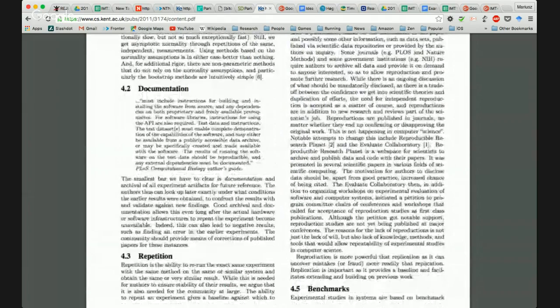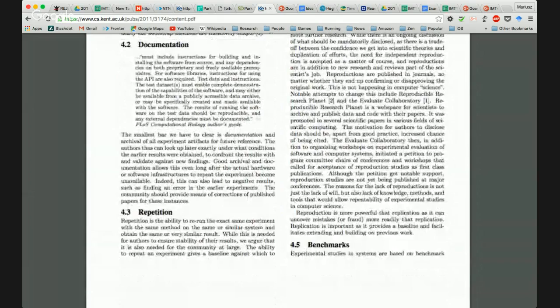In 4.2 they talked about documenting, and that's what we tell you to do as well. When you're doing your master research, you should always take notes. Keep a short journal of what you are doing, what ideas you have, and what setup you've used. Because when it comes to writing a thesis, it will be of much help to you, and it will help you put those details in.